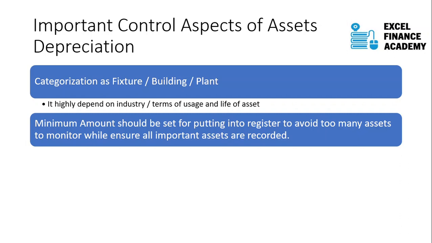If it does not exist anymore, whether stolen or broken, for example in hotels, what we normally face is the chairs are broken. The staff or the general manager says, okay, this is broken, throw it away, buy a new one. So you buy a new one and enter it into the register, but the one that you throw away, you don't take out of the register.